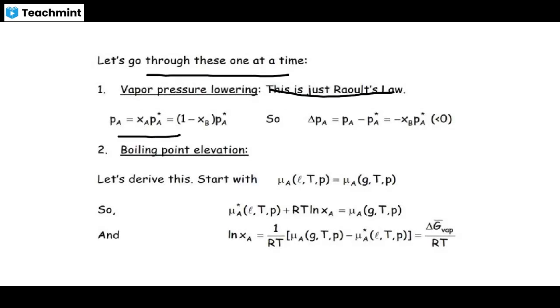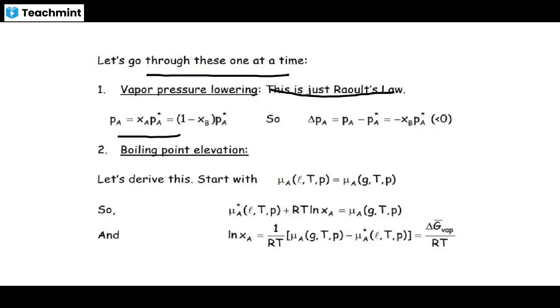So the change in pressure, PA minus PA star, equals minus xB times PA star. PA is 1 minus xB times PA star.